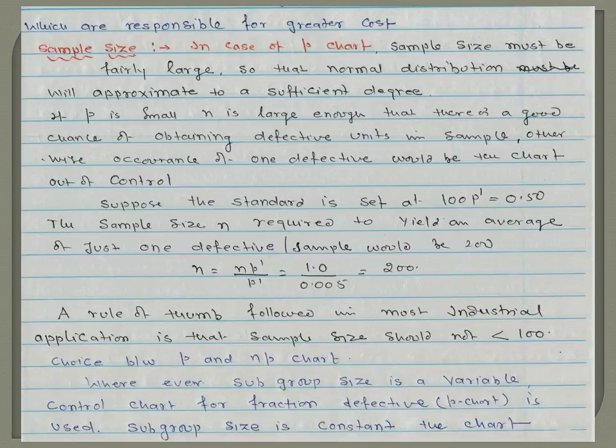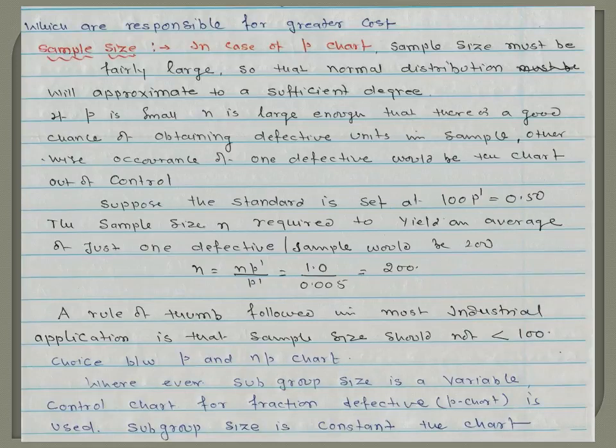Suppose the standard is set at 100 P dash equal to 0.50. That means if we are taking 100 pieces in a particular sample, then the sample size N required to yield an average of just one defective per sample would be 200. That means out of 100, only 0.50 is defective.